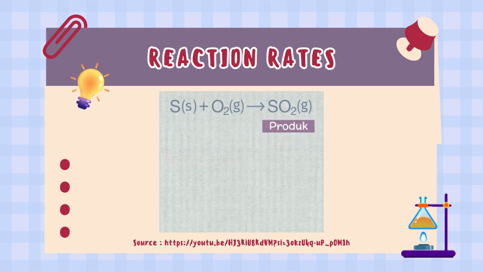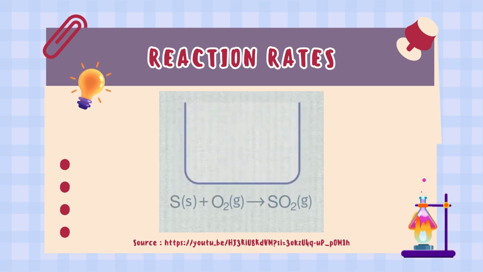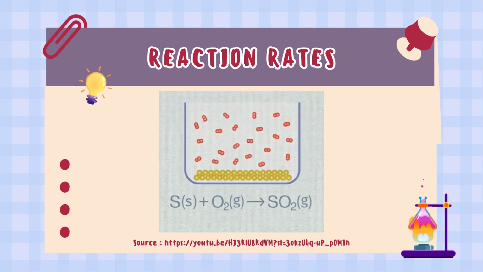To understand the process, it can be illustrated with a chemical tube in which there are a number of sulfur atoms and oxygen molecules.